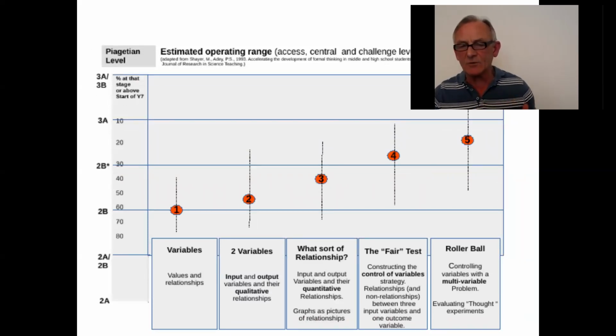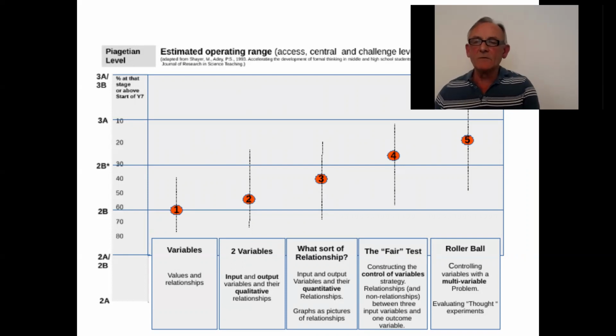You've seen the values and relationships was the first lesson. Very, very simple context, not very much science in it. A lot of thinking, but not the usual science concepts. This moves to 2 variables, and we introduce the idea qualitatively of input and output variable, or later we will start referring to it as independent and dependent variable.